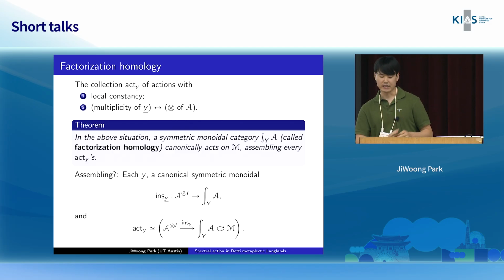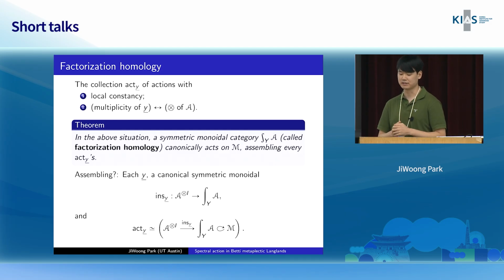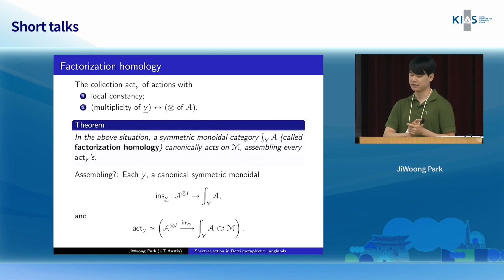So at each tuple of points, there's a canonical symmetric monoidal functor from the tensor product of A to the factorization homology. And this functor is called the insertion functor. And the content is that at each tuple, the action Act Y is canonically identified with the pullback of the factorization homology action along this insertion functor.